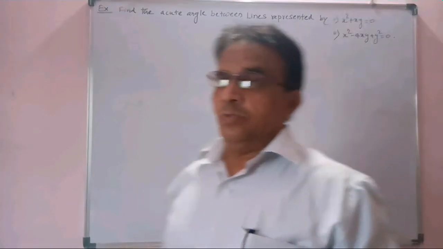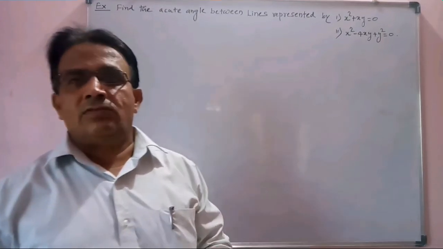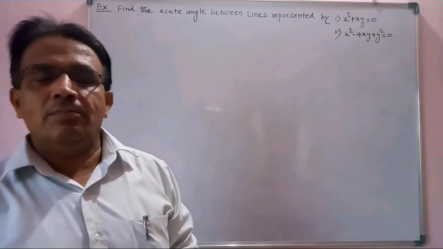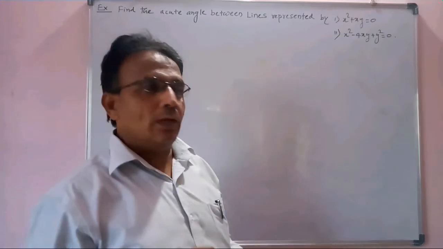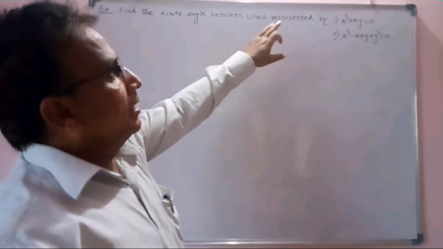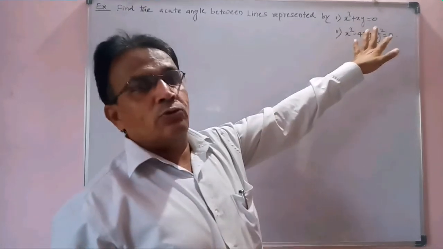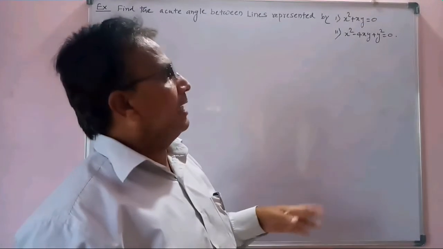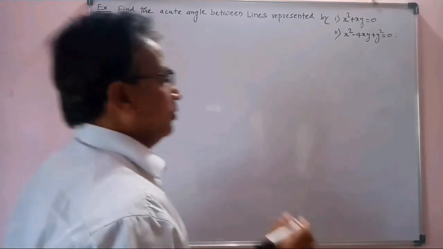We discuss two examples of tan theta equal to mod of 2 into root h square minus ab divided by a plus b, meaning the acute angle between the two lines. Find the acute angle between the lines represented by the first condition x square plus xy equal to 0 and the second condition x square minus 4xy plus y square equal to 0.